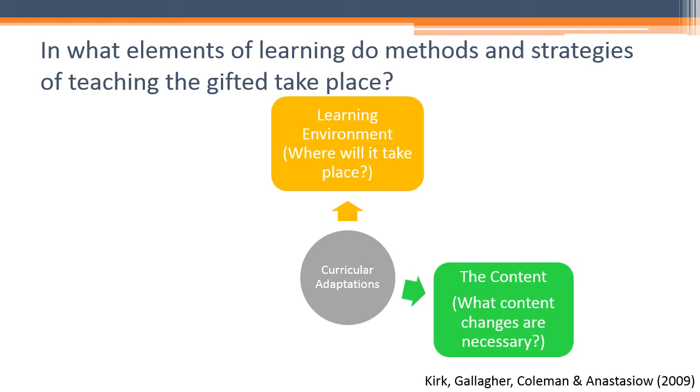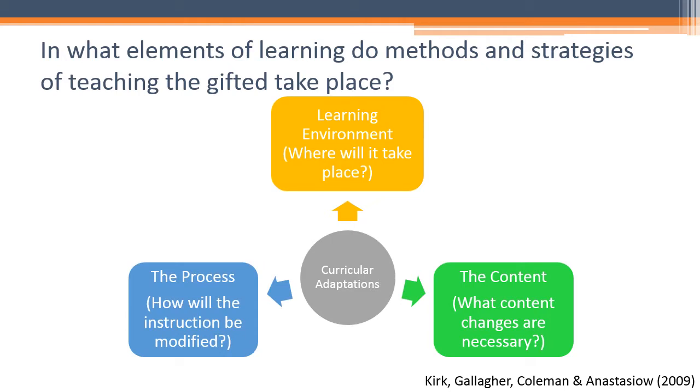Are there necessary changes to the content, the lessons, the units, or the objectives we should teach for children with gifts and talents? Do we need to change that? Is it necessary? And the last component of the curriculum is the process.